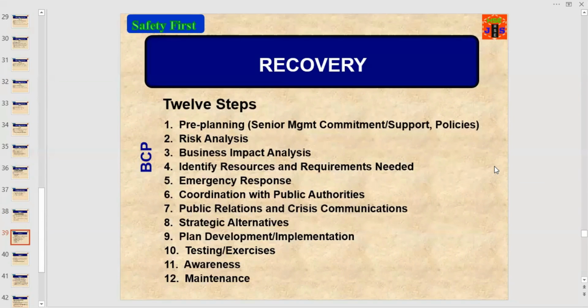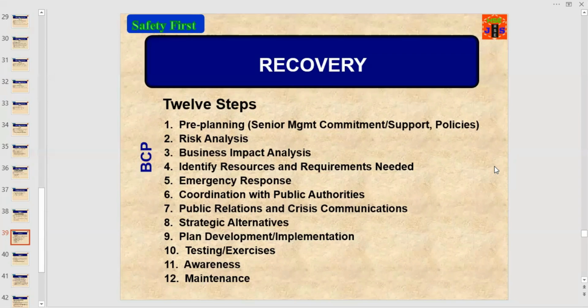To make a successful business continuity program, there are 12 steps. Number one, pre-planning, senior management commitment, support and policies. Number two, risk analysis. Number three, business impact analysis. Number four, identify resources and requirements needed. Number five, emergency response.